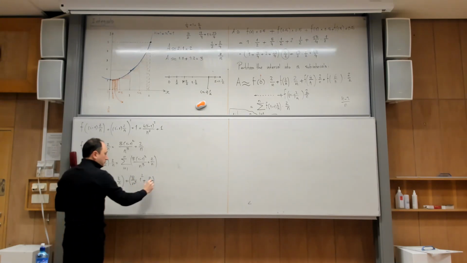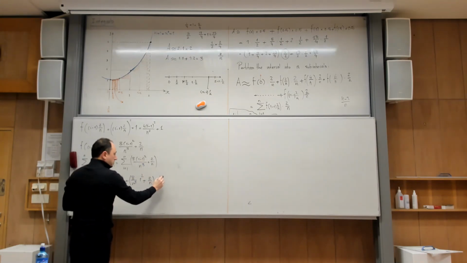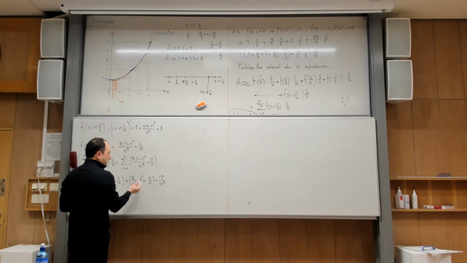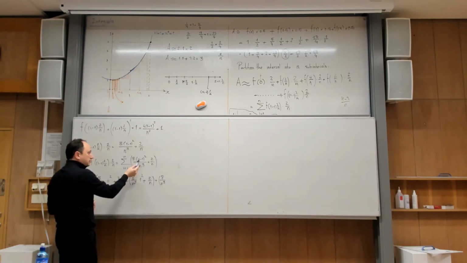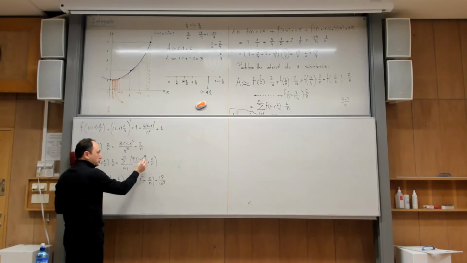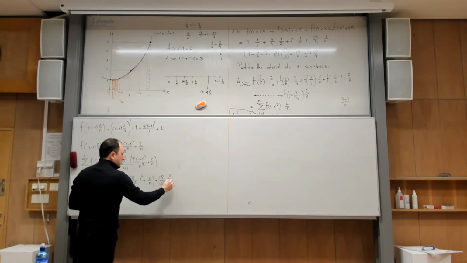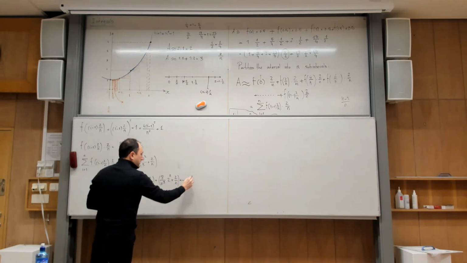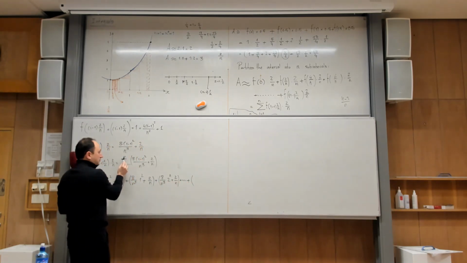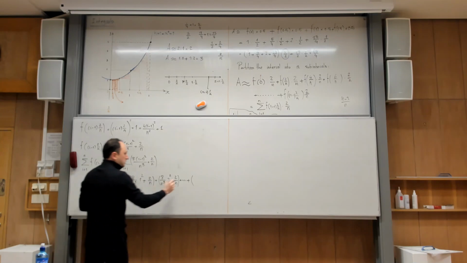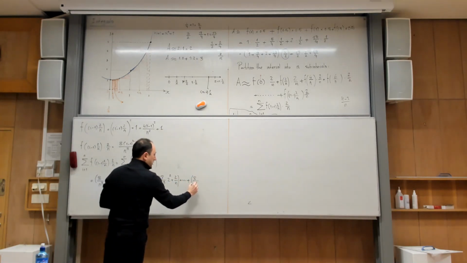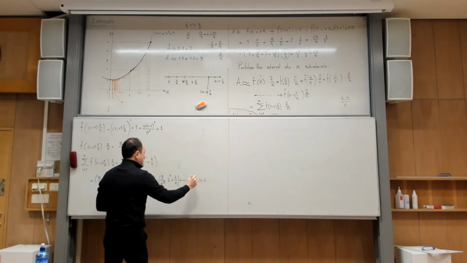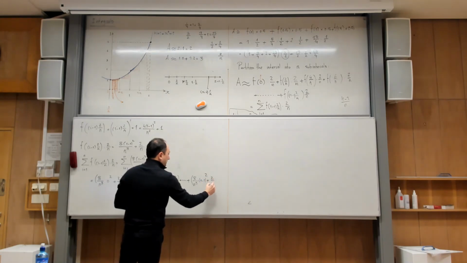The next one becomes, let me put another one, 8 over n to the power of 3, and instead of i I put 3 this time. So this becomes 2 to the power 2, plus 2 over n. And then finally I continue this method and I will reach the final step. Instead of i I put n. So this becomes 8 over n cubed, (n minus 1) squared, plus 2 over n.